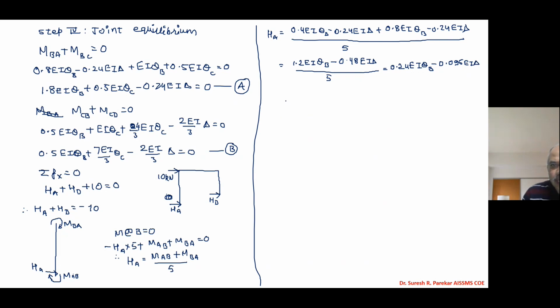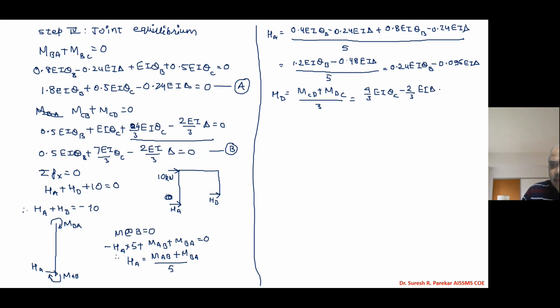Then we will have, in the same way, HD equal to MCD plus MDC upon 3. Now MCD we can see we have here. So we have 4 by 3 EI theta C minus 2 by 3 EI delta.